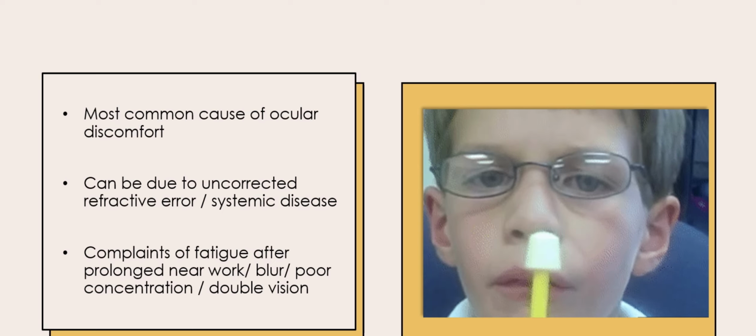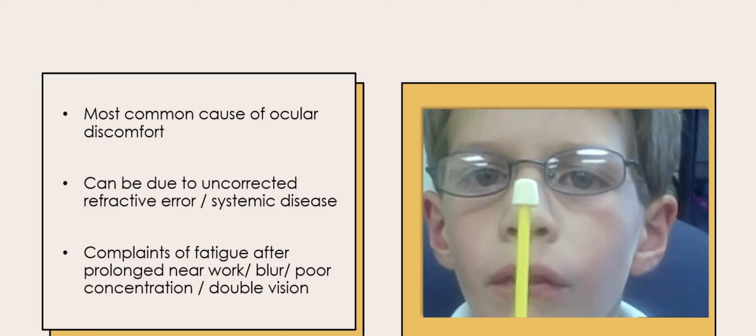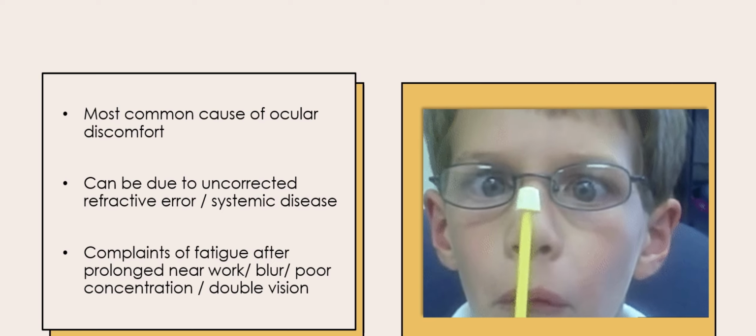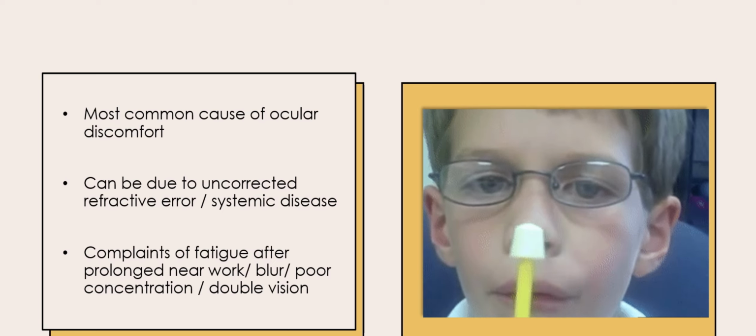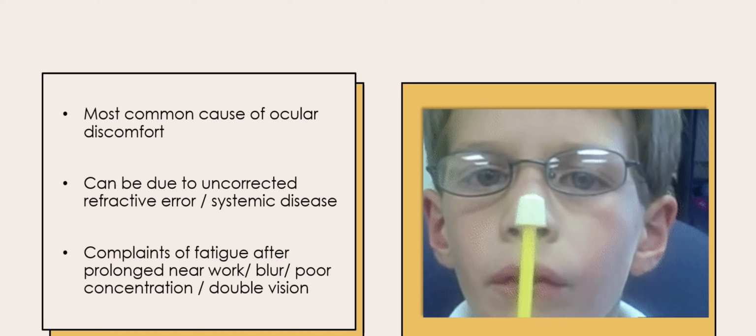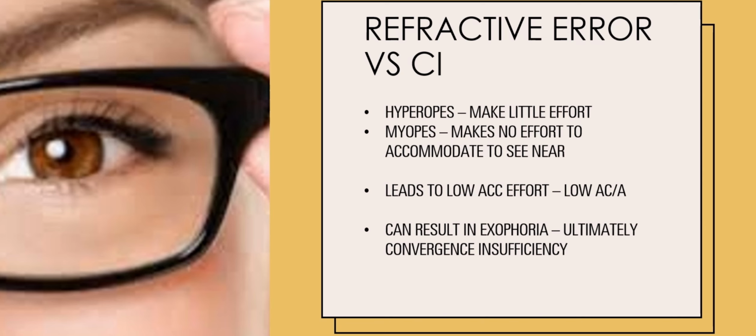Can be due to uncorrected refractive error or systemic disease. Patients with inadequate convergence have difficulty or diplopia during near work. There is a relationship between uncorrected refractive error and convergence insufficiency.